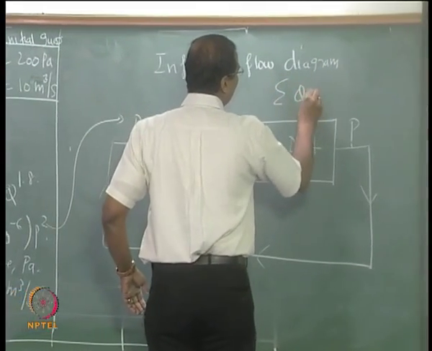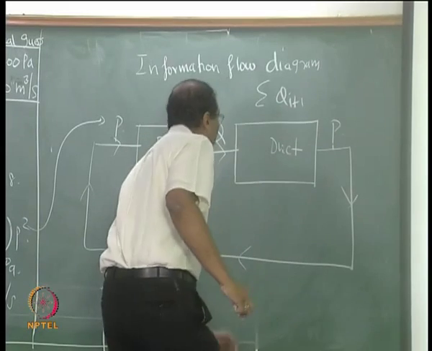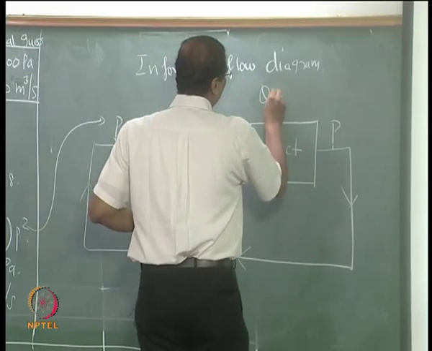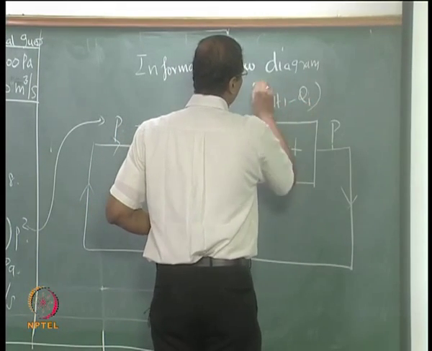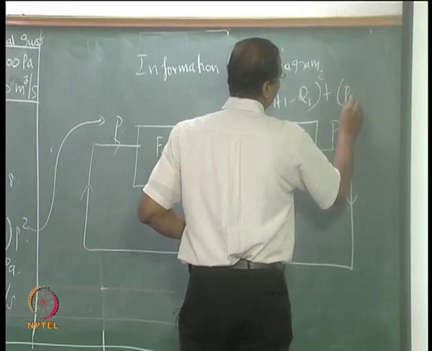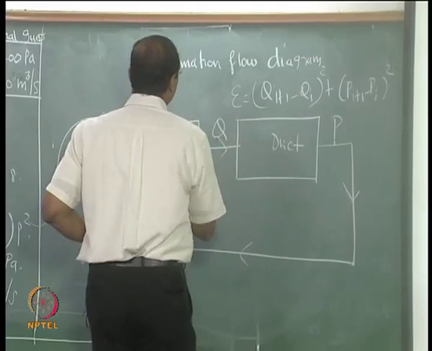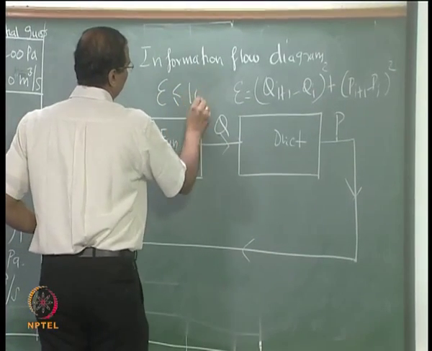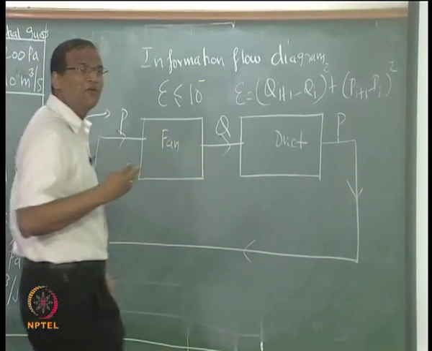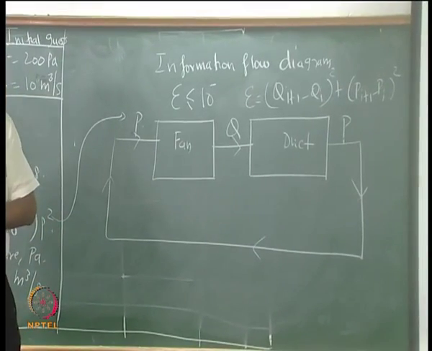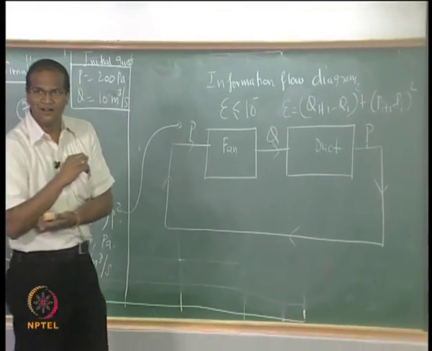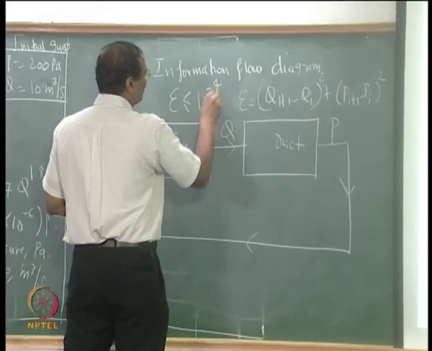Sigma of Q(i+1) minus Q(i), and we will put some 10 to the power of minus 6, or 10 to the power of minus 4, which you will easily get.